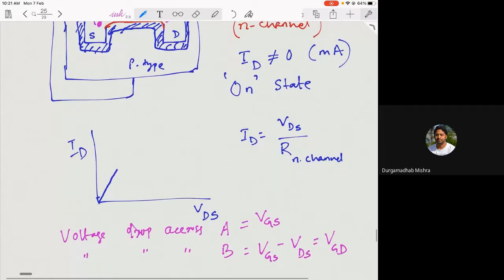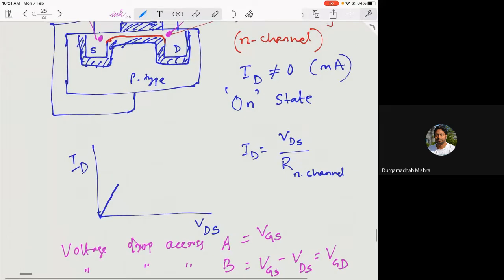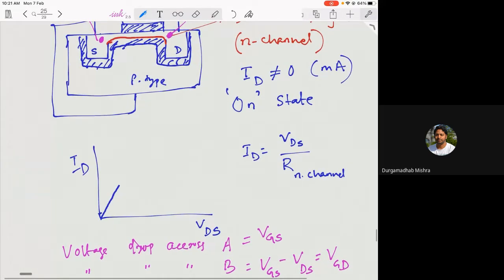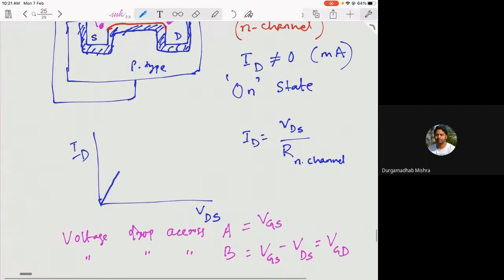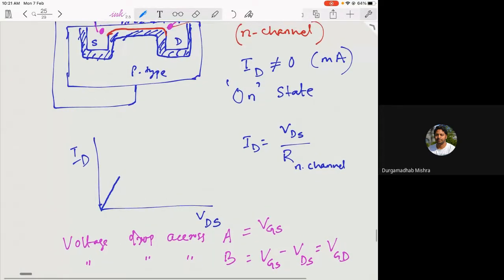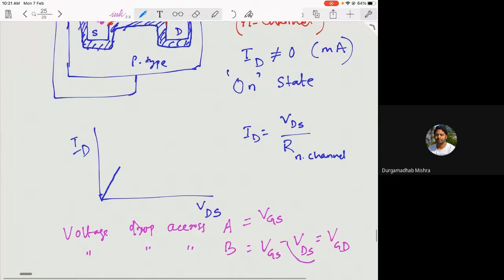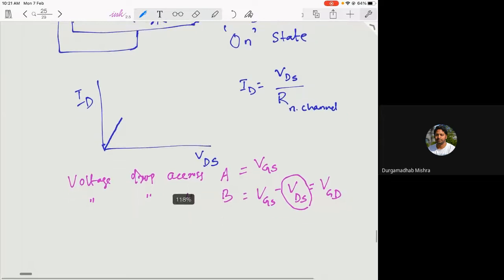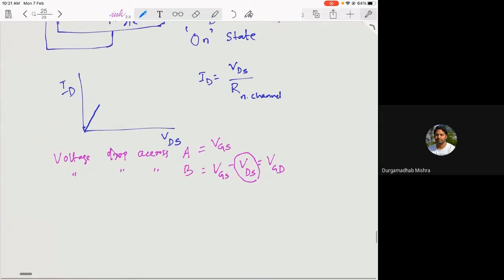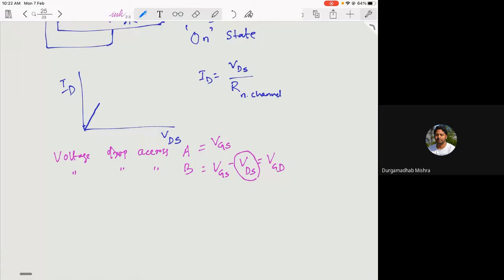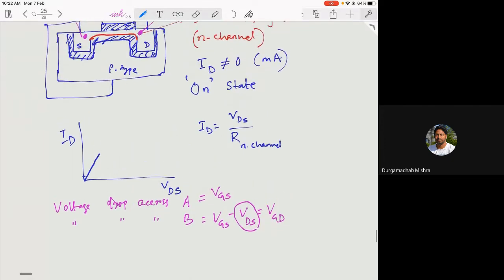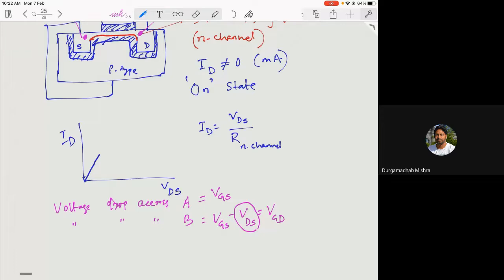Now if I increase the voltage VDS, I am not changing the voltage drop across point A, but I am changing the voltage drop across point B, because if I increase VDS, VGD will change. It means that if you further increase the drain to source voltage, your channel will become narrower on the drain side.